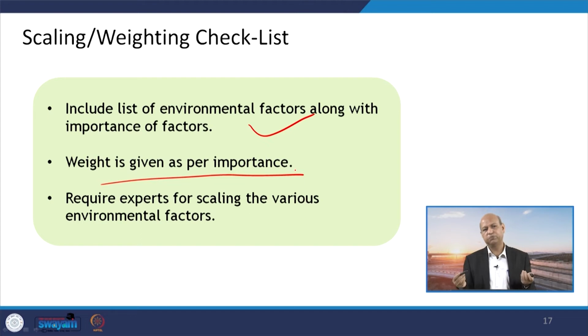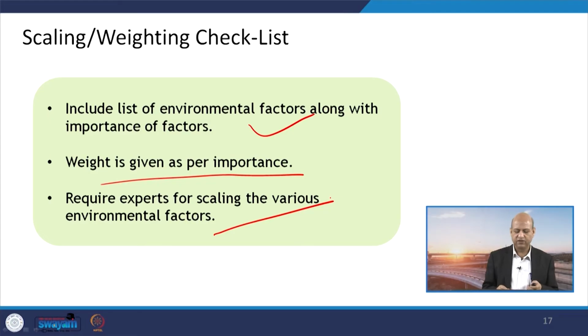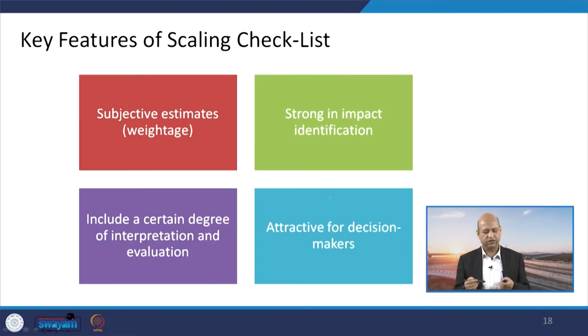Again, this will depend upon the expert's experience, but you can assign weightage 0.8, 0.9, 0.1 something like that, and it requires the expert's experience for further scaling. These are subjective estimates, which can vary from person to person.